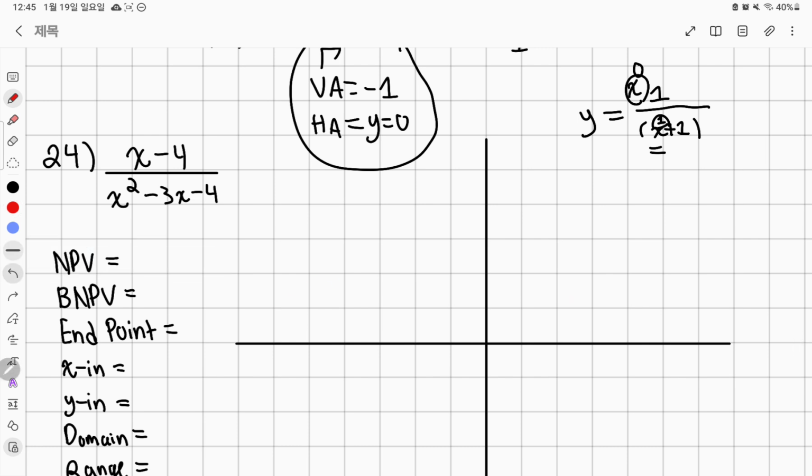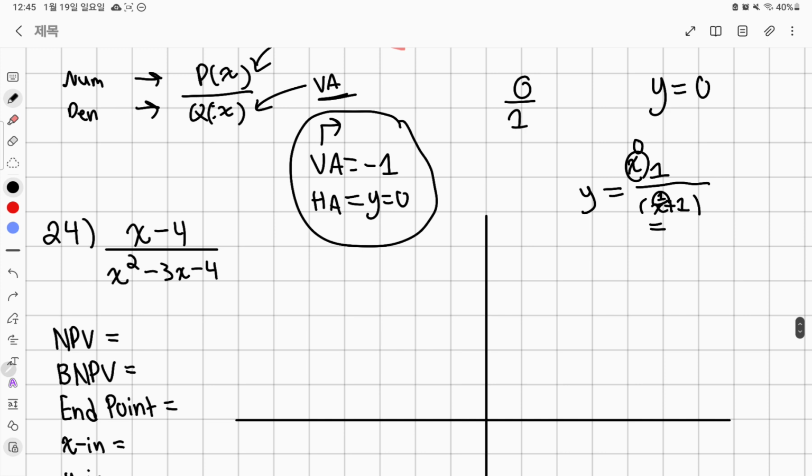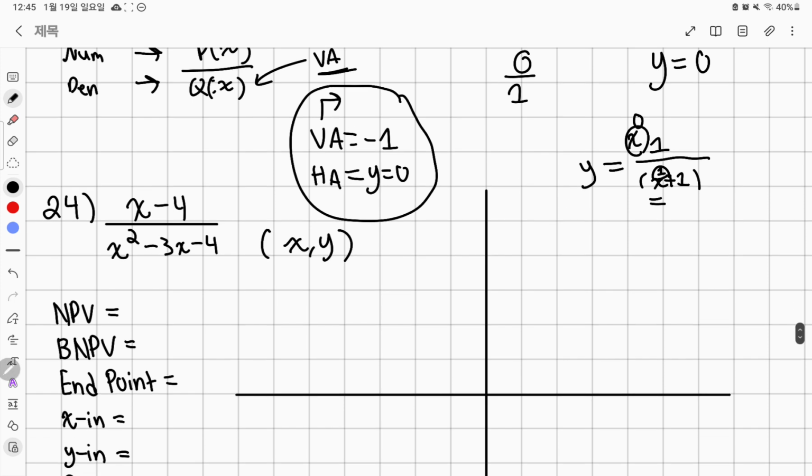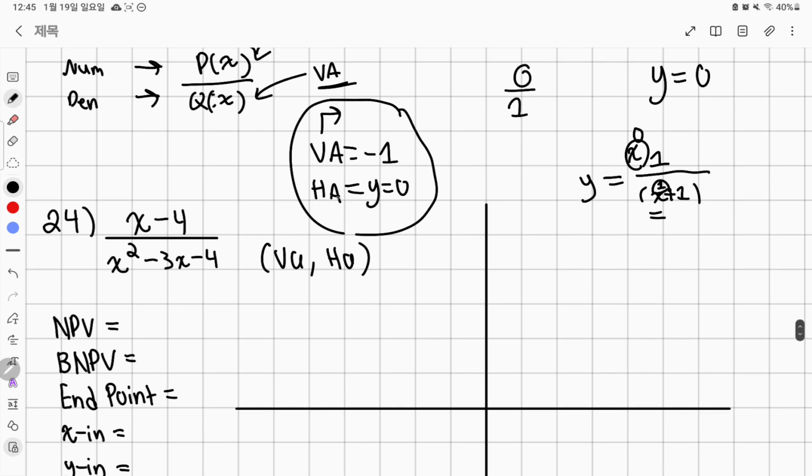And also one key thing that I really recommend you guys to know is that you know it's v, x, and y when we point something, right? This x and y is the same thing as vertical asymptote over horizontal asymptote. I really like to memorize this as VAHA, right? So this vertical asymptote is -1, and the HA, which is horizontal asymptote, is 0.